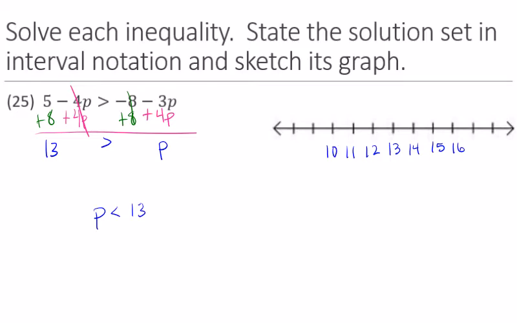So this time we have a less than without equal to, so it's going to be parentheses on 13. P is less than, so we're going to head to the left. All right, and then interval notation, we're going negative infinity all the way up to 13, parentheses around both.